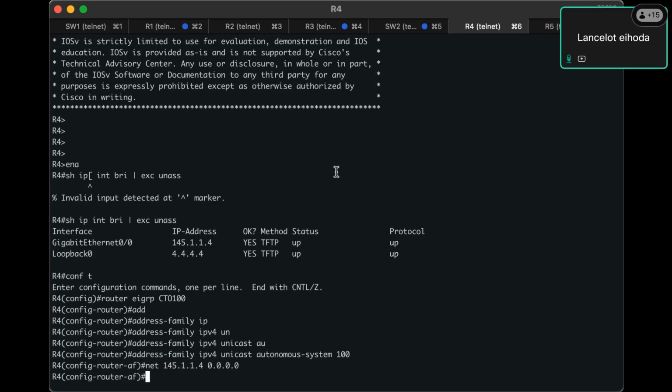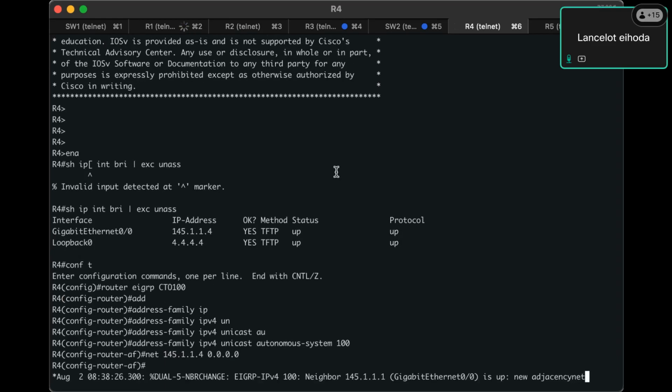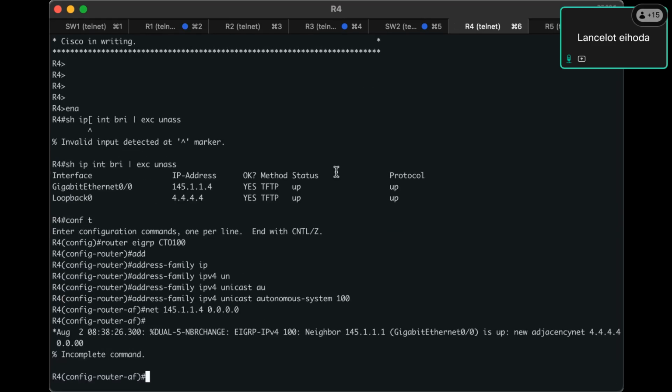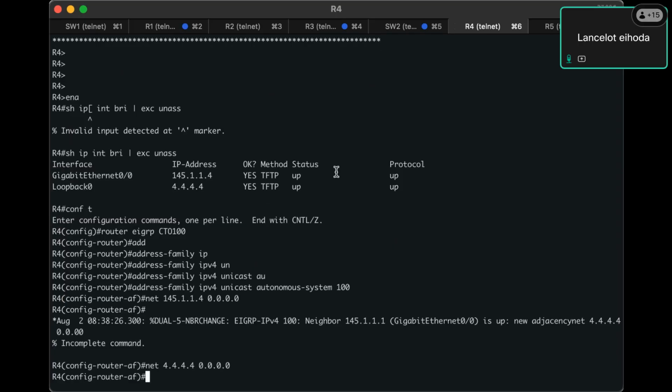And the next one will be the loopback, which will be 4.4.4.4. You notice the moment we finished entering that command, EIGRP is that fast. You notice the adjacency came up immediately with router 1 on that 145 subnet.